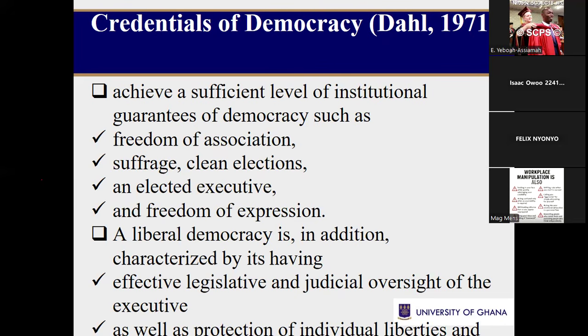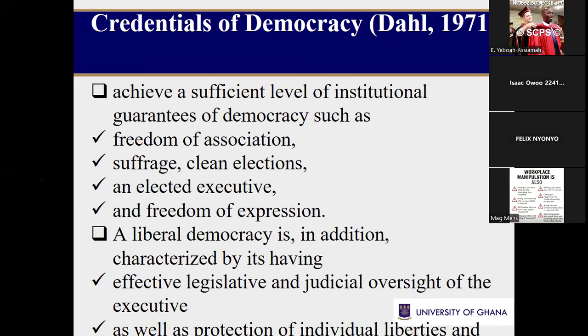He's talking about credentials of democracy. For democracy to thrive, or for us to say there is democracy, there should be freedom of association, clean and fair elections, an elected executive, freedom of expression, and the like. People's liberties. An independent judiciary. You have an effective legislature to serve as oversight, checks and balances.